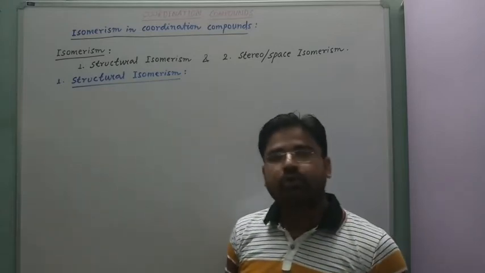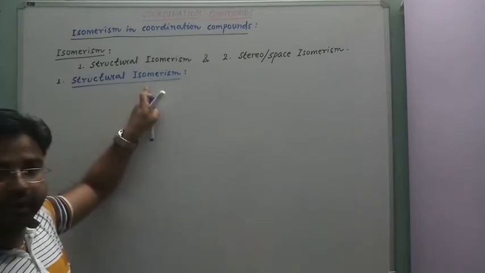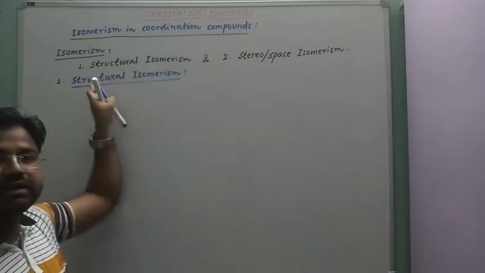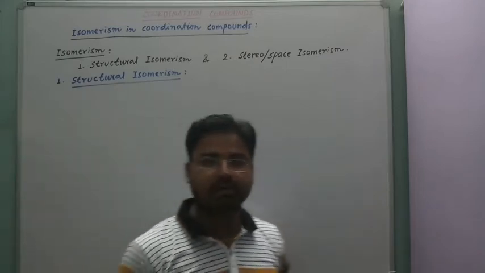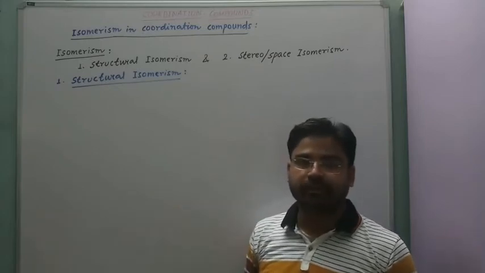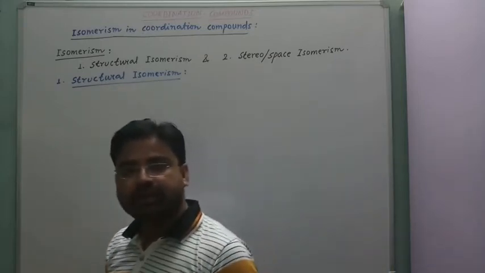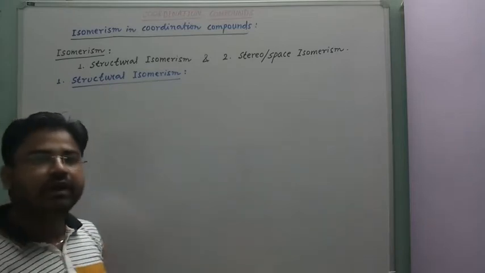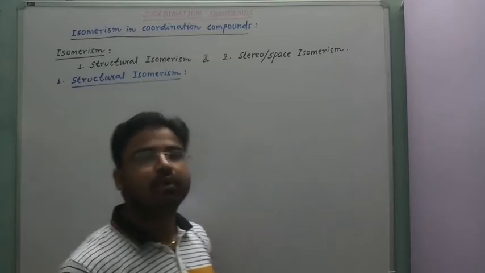The two or more substances which have the same molecular formula but differ in their structures are called structural isomers, and this phenomenon is called structural isomerism. This type of isomerism arises due to the difference of structures although they have the same composition.